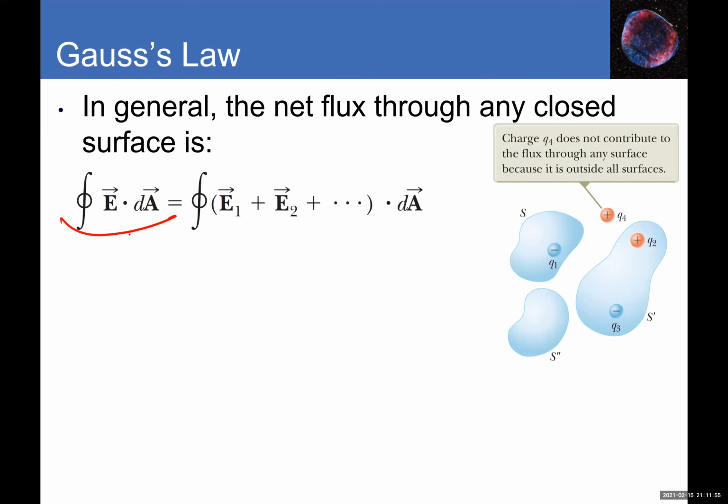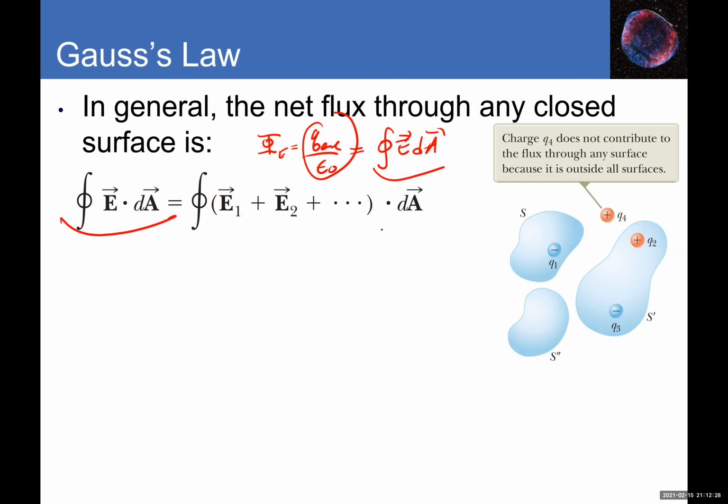That means I have found a very easy way of calculating flux, which is Q enclosed over epsilon naught, and I can say that this is equal to the closed integral of E dot dA. So if I have the left side of the equation, I can use that to find the right side, to get the electric field. Because remember, our idea here is to find the electric field in the simplest possible way without using Coulomb's law and all those tedious calculations.